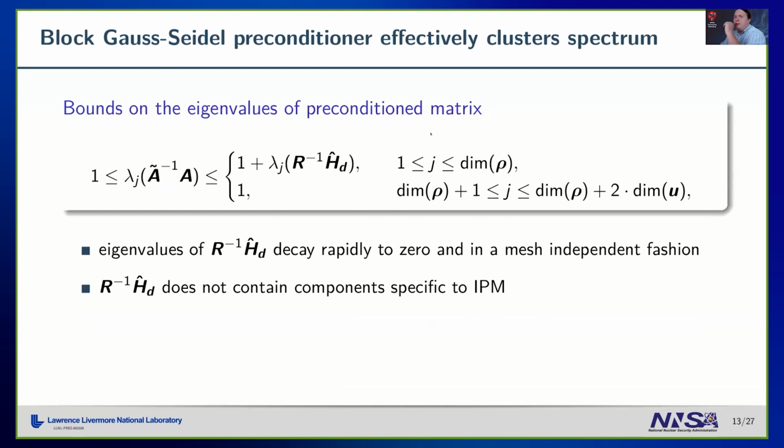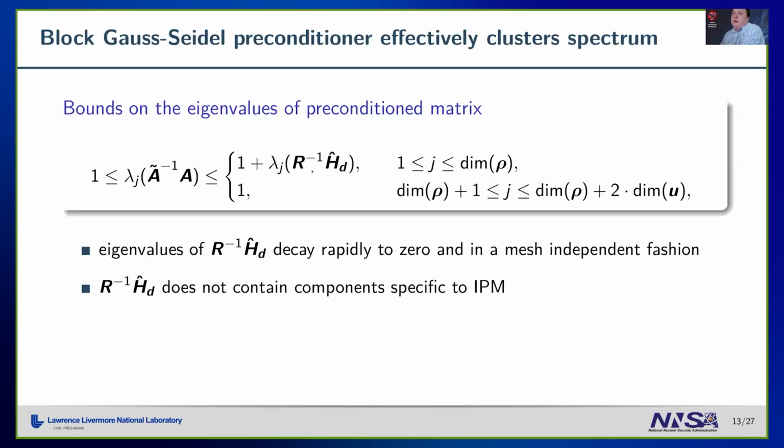With some fairly simple analysis, we were able to show that the eigenvalues of this block Gauss-Seidel preconditioned interior point Gauss-Newton matrix are bounded below by 1 and bounded above by 1 plus these eigenvalues, which again decay rapidly to zero in a mesh independent fashion.